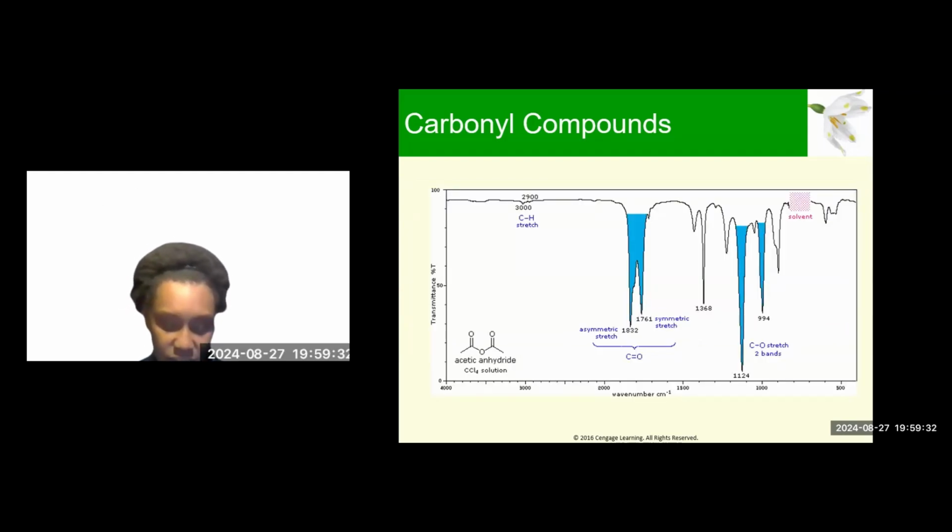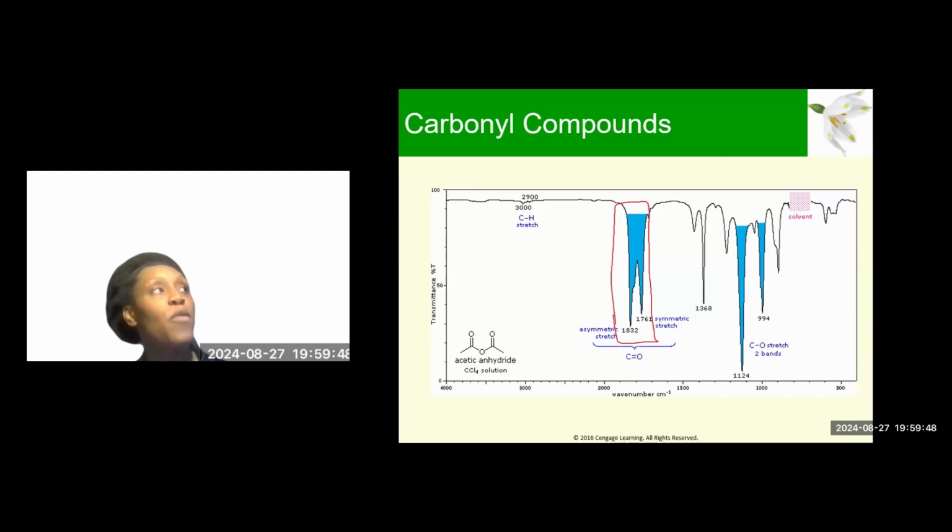And this right here is the spectrum for acetic anhydride. If you notice, you actually have two peaks that are in the carbonyl range, and both of those peaks represent the two carbonyl groups.